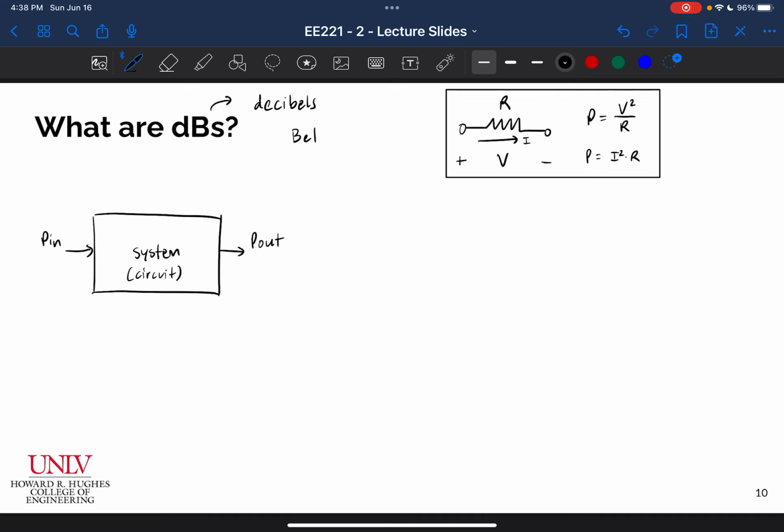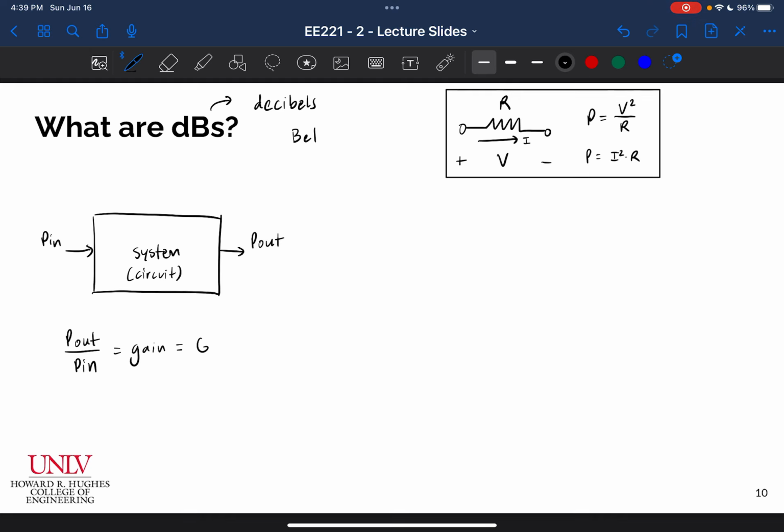If I take the ratio of the output power to the input power, I could call that my power gain, G, for this particular system. We talked about voltage gain, current gain, and transfer functions. Right now I'm interested in power gain.